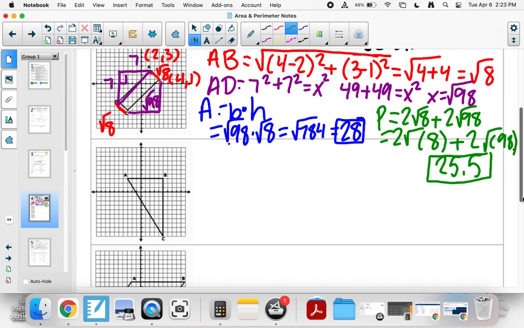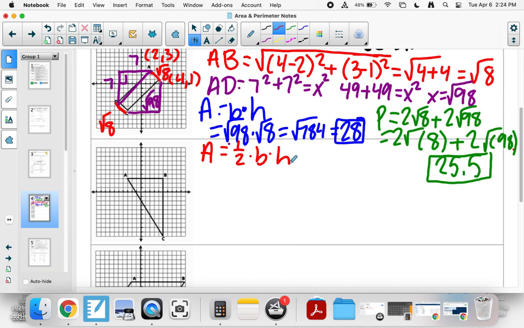What's my next shape? A triangle. And how do I find the area of a triangle? One half times base times height. Can I find my base easy? Or is it hard like the last one? It's easy. I can just count it. How do I know I can just count it?